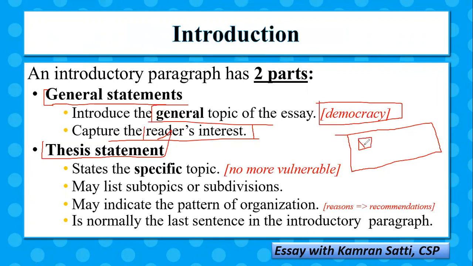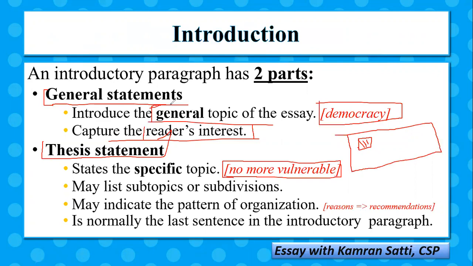And what will be your scope in this essay? Once again, the topic was, is democracy no more vulnerable in Pakistan? So the specific topic about democracy would be no more vulnerable. Now this is the controlling idea of your topic. This will limit the scope of your general topic.